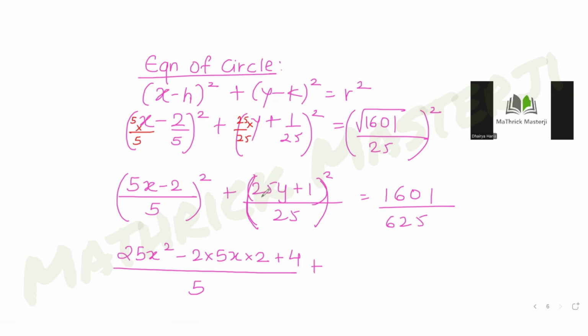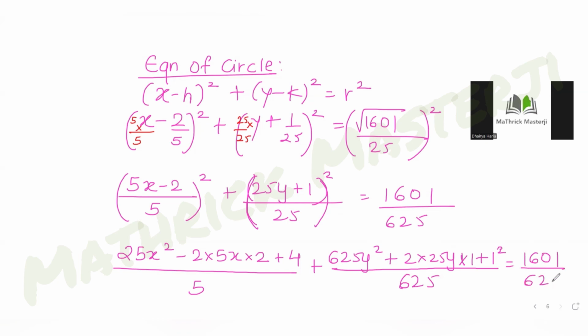And plus, if I do this a square again, 25y the whole square is 625y square, plus 2ab again, so 2 into 25y into 1, plus b square, which is 1 square, so 1, divided by 25 squared, 625, which equals 1601 divided by 625.